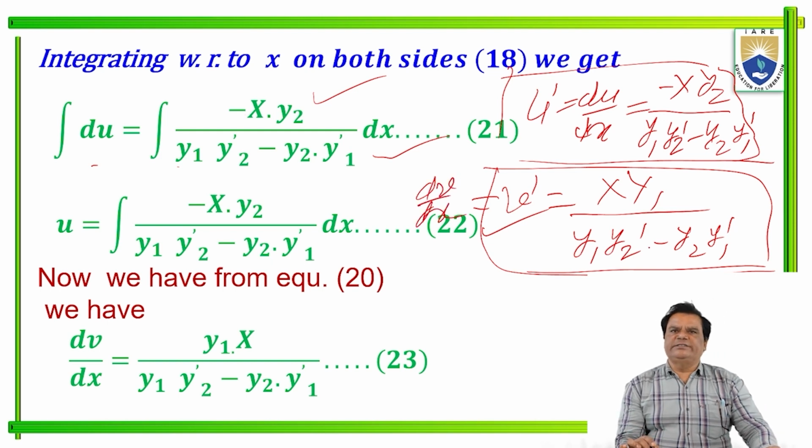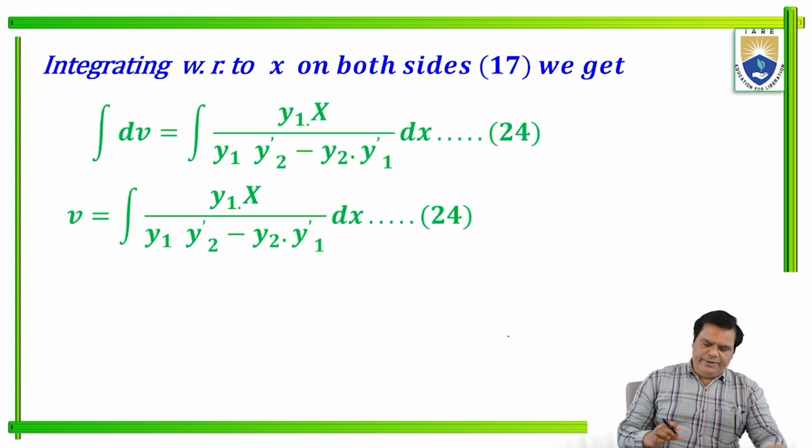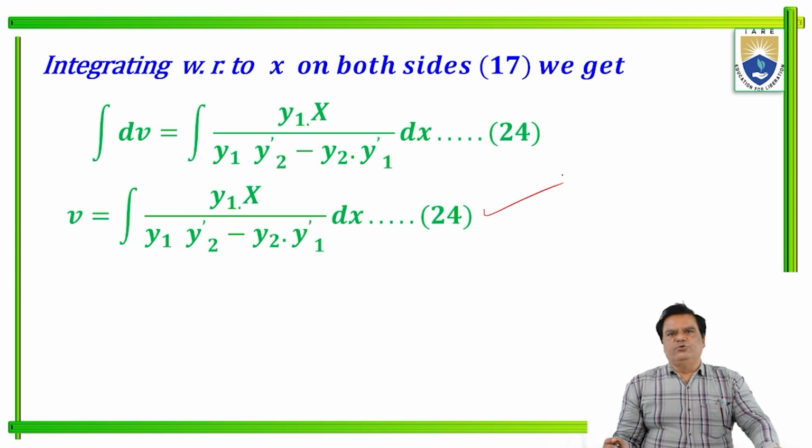Integrating on both sides, we get this result, and now integrating, we get v. And u, v are the solutions.